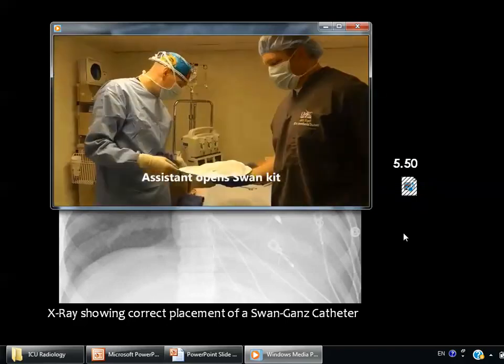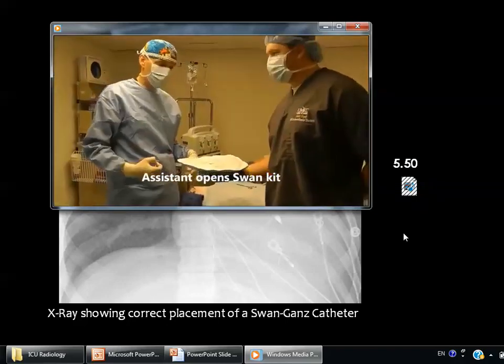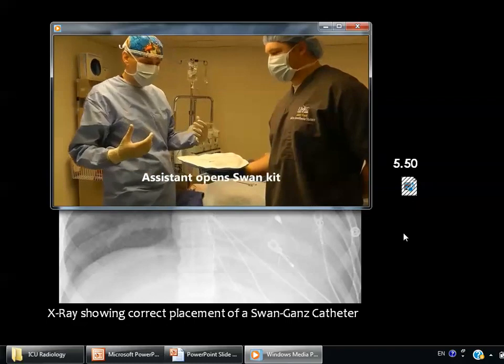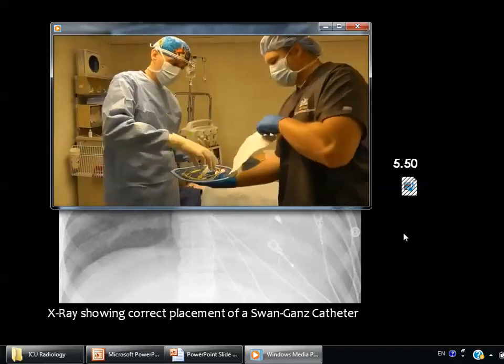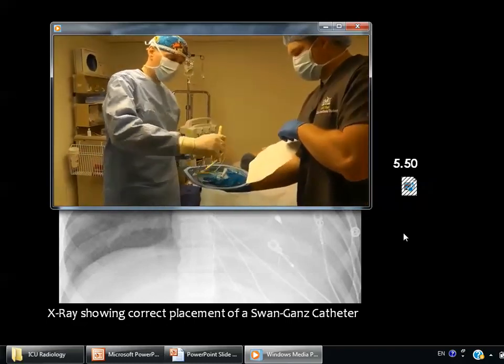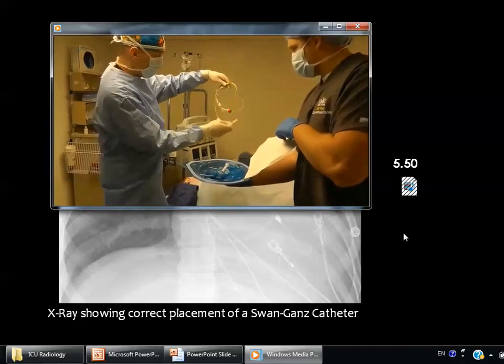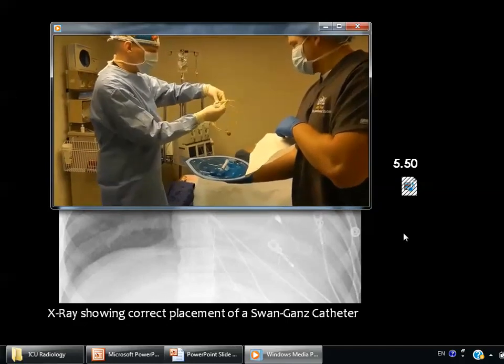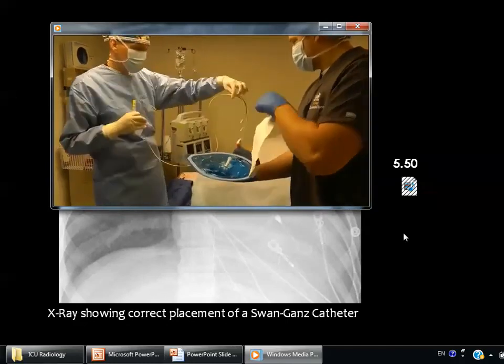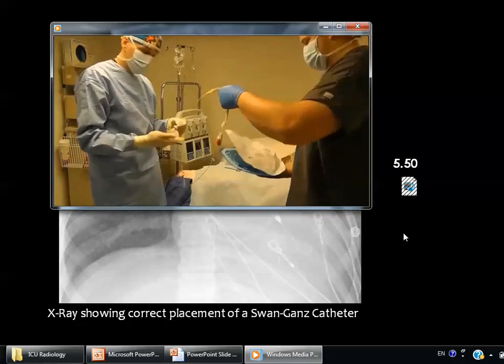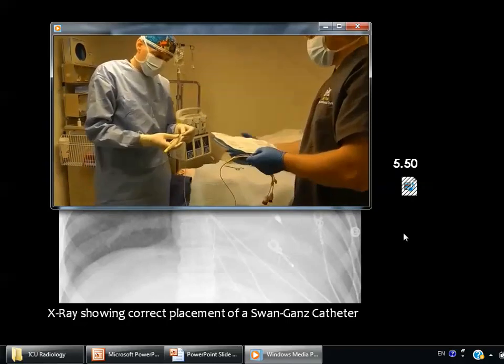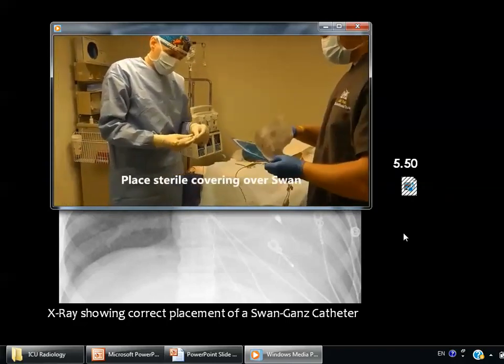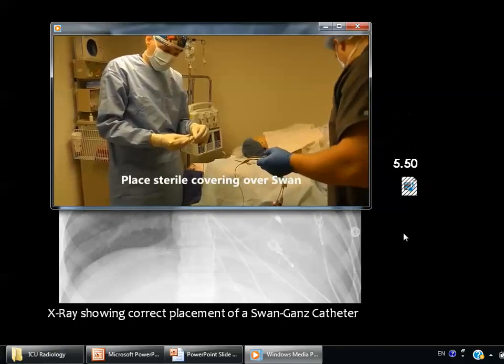Okay, now that that's sewn into place, it's time to float our Swan, so I need an assistant here to help me. I'm going to give this to you. That's yours. Now, while he's taking care of that stuff, I'm just going to put this sterile cover over the Swan.